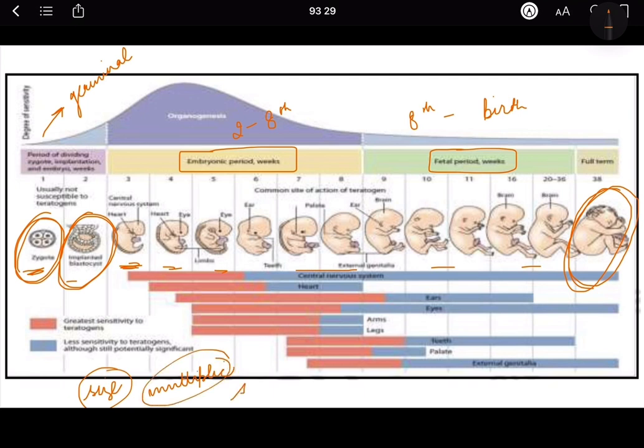Then specialization is also happening, from a single cell organism to your respiratory system, your nervous system, brain development, heart development, arms, legs, everything is developing. So you can see this whole graph, okay? This shows you the growth and development in the prenatal phase. I don't think there is any doubt about this.